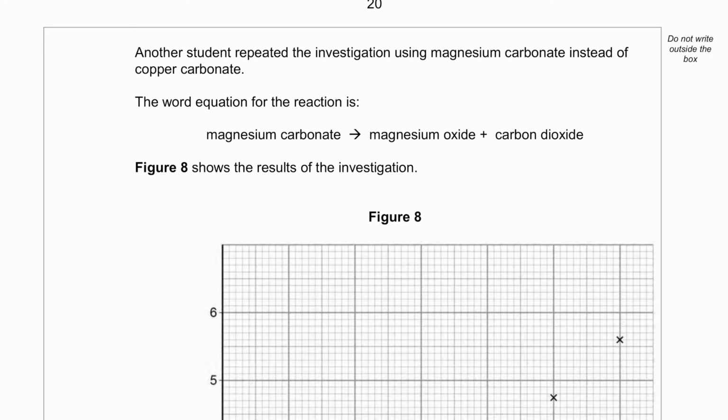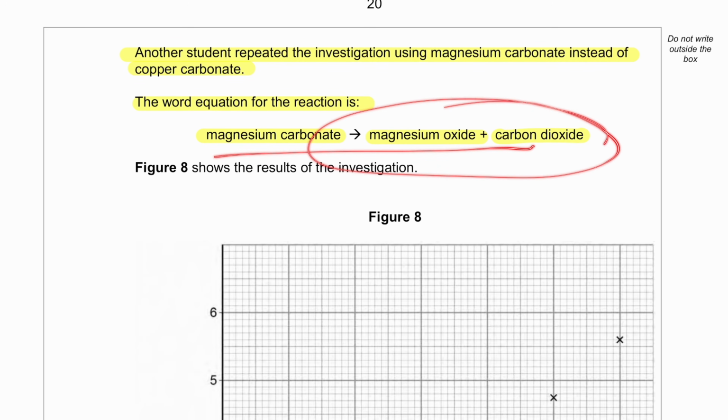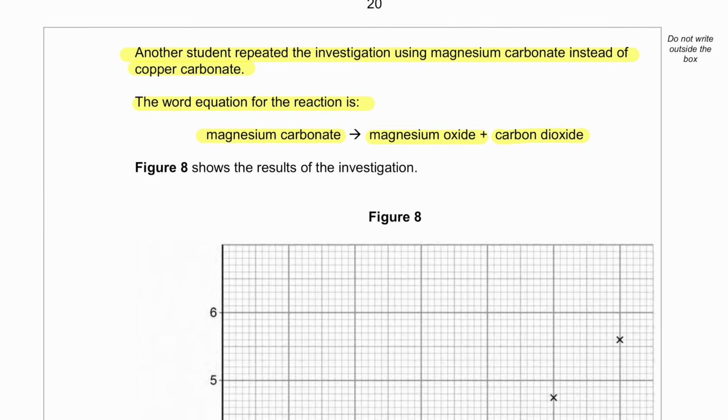Now moving into the next question. Another student repeated the investigation using magnesium carbonate instead of copper carbonate. The word equation for the reaction is magnesium carbonate turning into magnesium oxide and carbon dioxide. The reaction is just the same as that of copper carbonate.